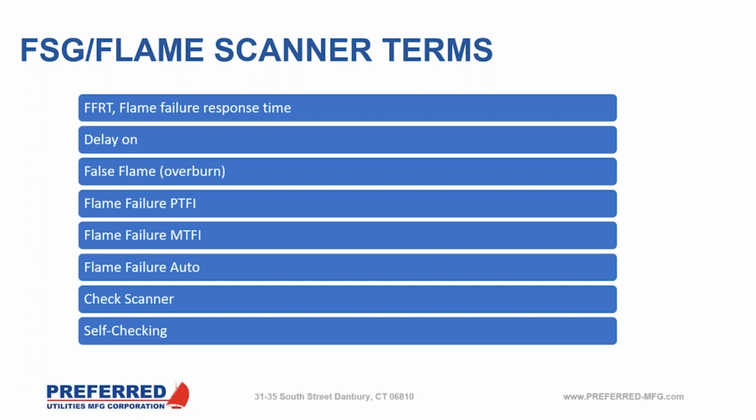False flame is a term that's been used for a long time, and primarily you saw it originally because of oil burners, because you would have afterburn or overburn. Even though you've shut off all the fuel valves, you basically would still have flame present for a certain period of time.